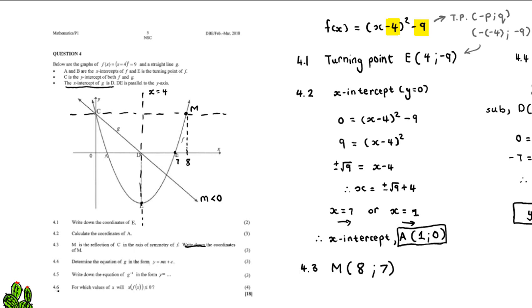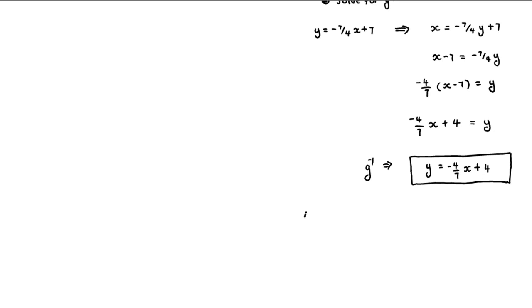Question 4.6 is asking you, for which values of x will x times f of x be less than or equal to 0? So 4.6, they're asking for which values of x will x times f of x be less than or equal to 0.